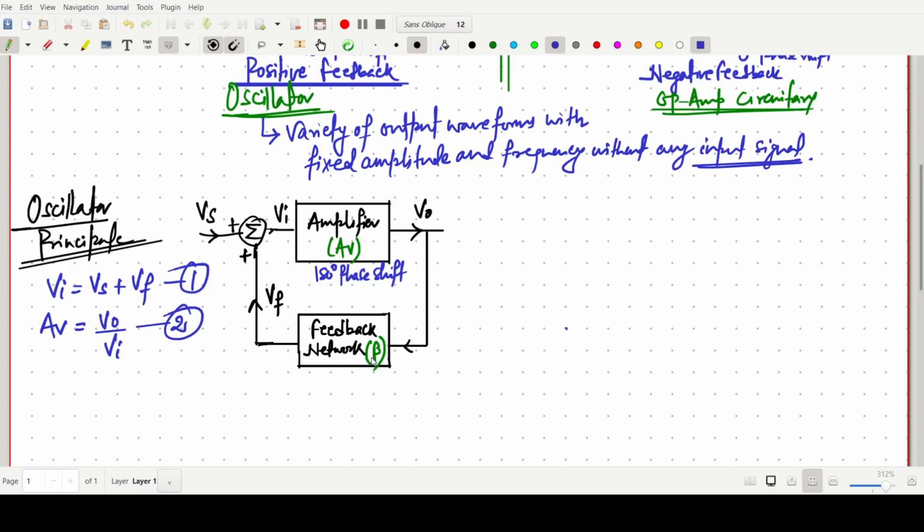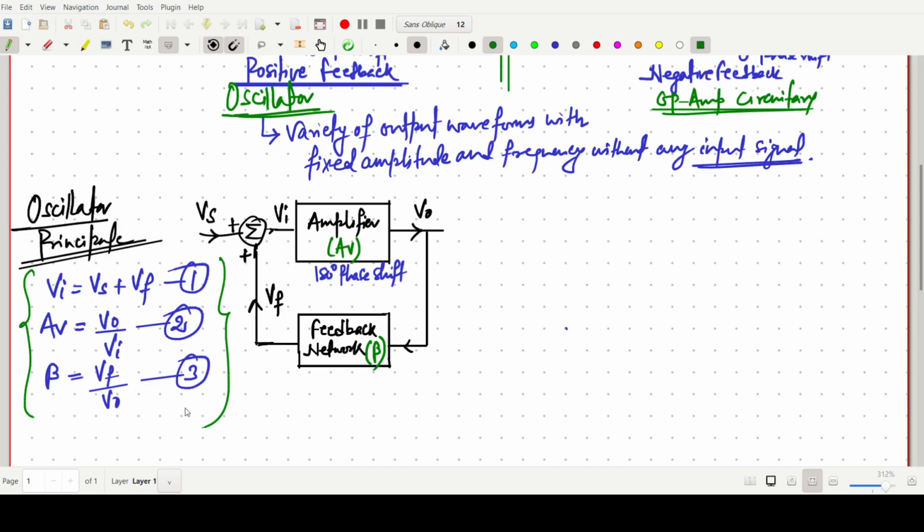Now one can also write the feedback gain beta equals Vf by V naught, equation 3. These are the three equations. Now we have to deal with these three equations for the oscillator principle.